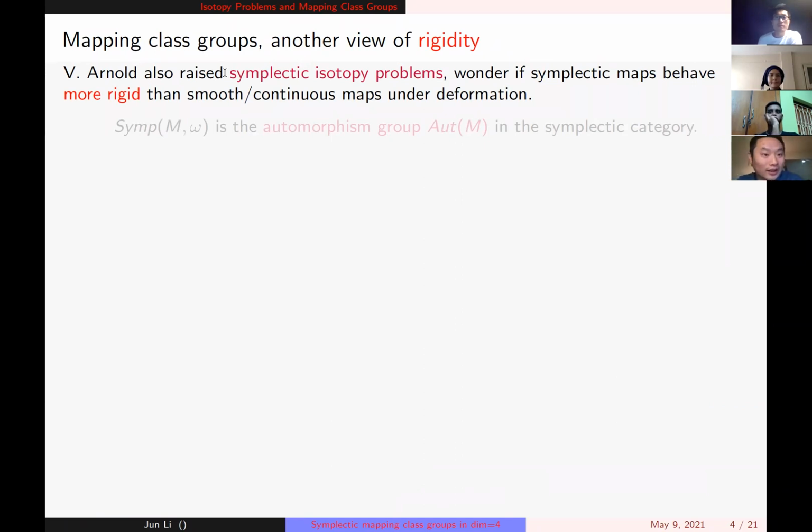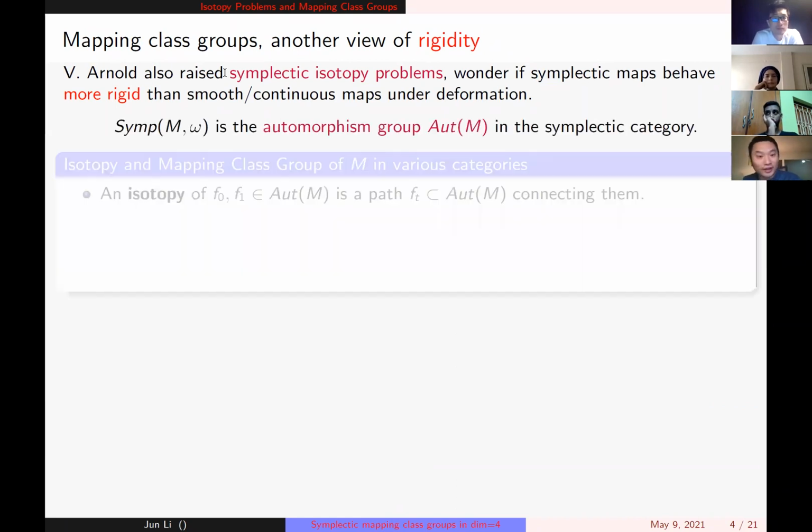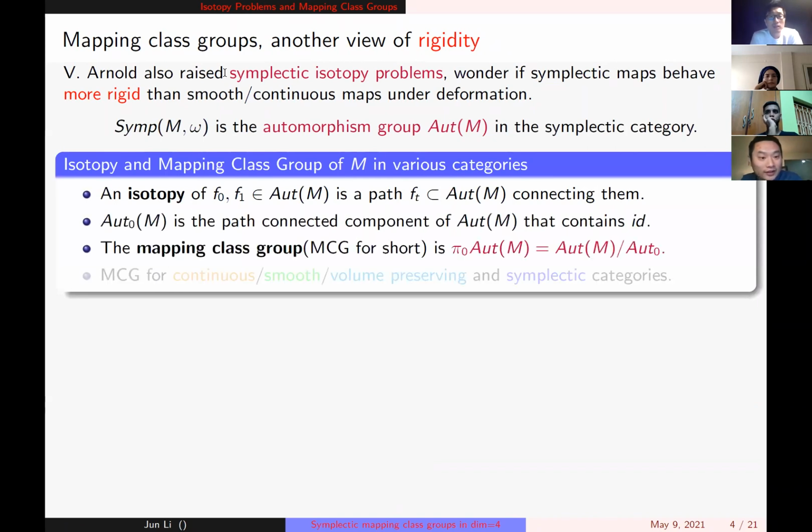I think the initial question was also brought up by Arnold. He wonders if symplectic maps behave more rigidly than smooth or continuous maps under deformation. Here I give the detailed definition of isotopy and mapping class groups.